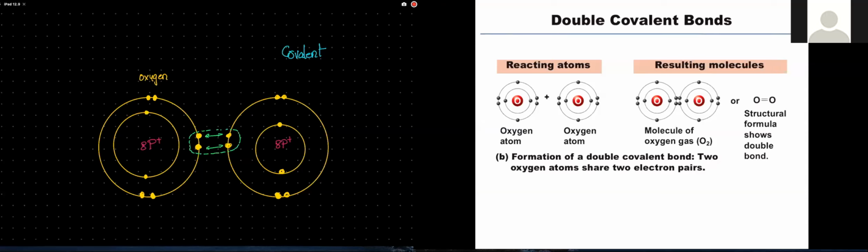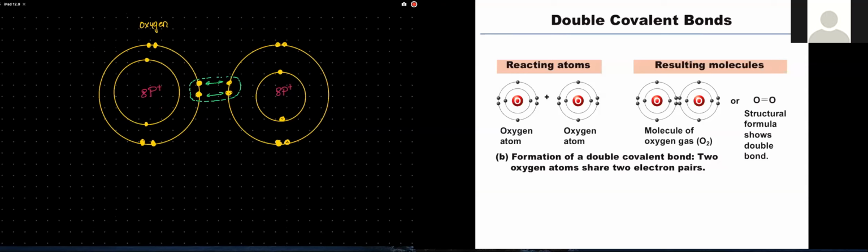So we're going to call this a double covalent bond. And we're going to be drawing a double covalent bond as 2 lines connecting the 2 oxygens like this.